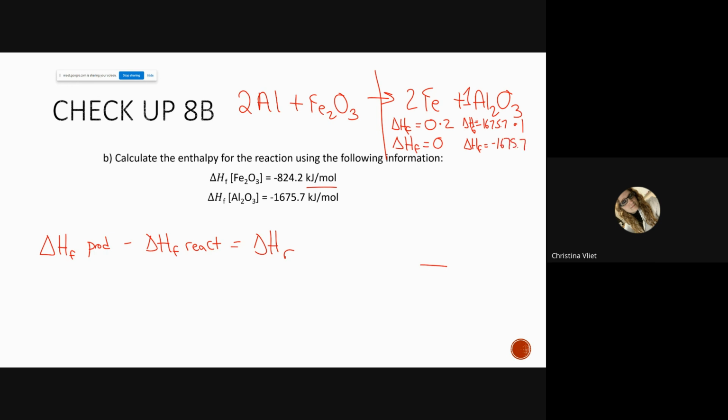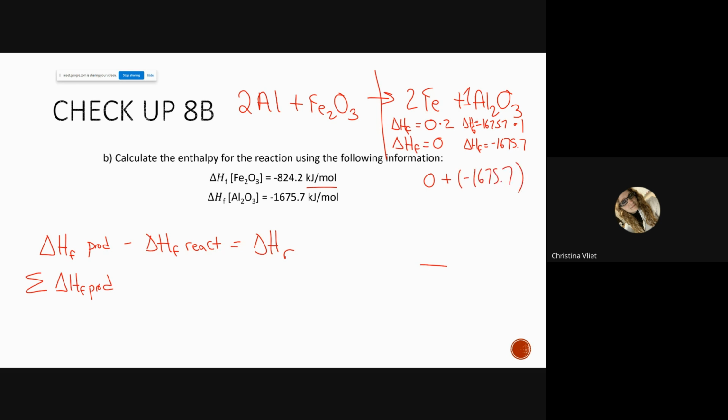1675.7. So then, if you'll recall, the actual formula is that we have to take the sum of the delta HF of the products. What does that mean? These two numbers have to be added to each other. So what's 0 plus negative 1675.7?